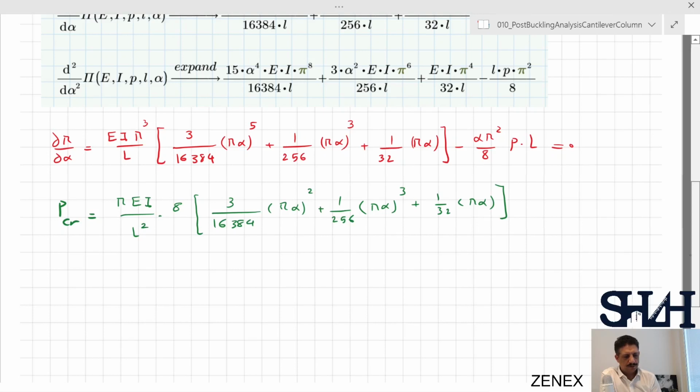There is one missing alpha that needs to be here. So I can factor pi alpha from the equation.